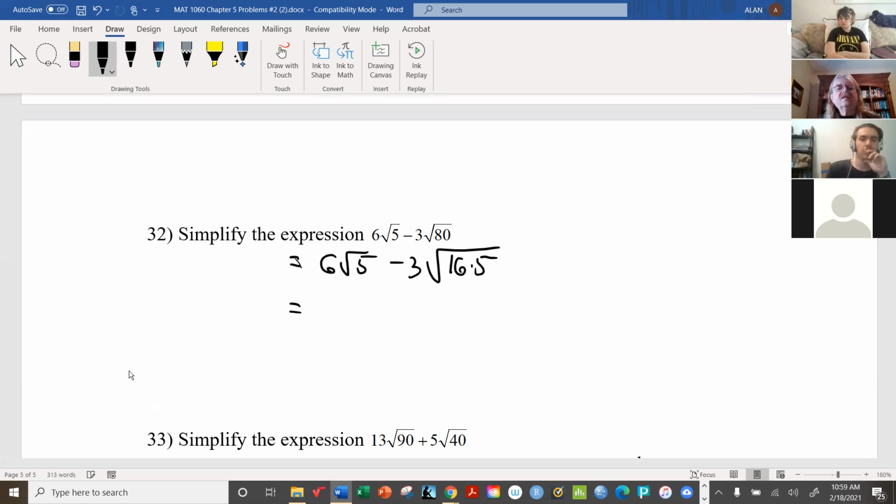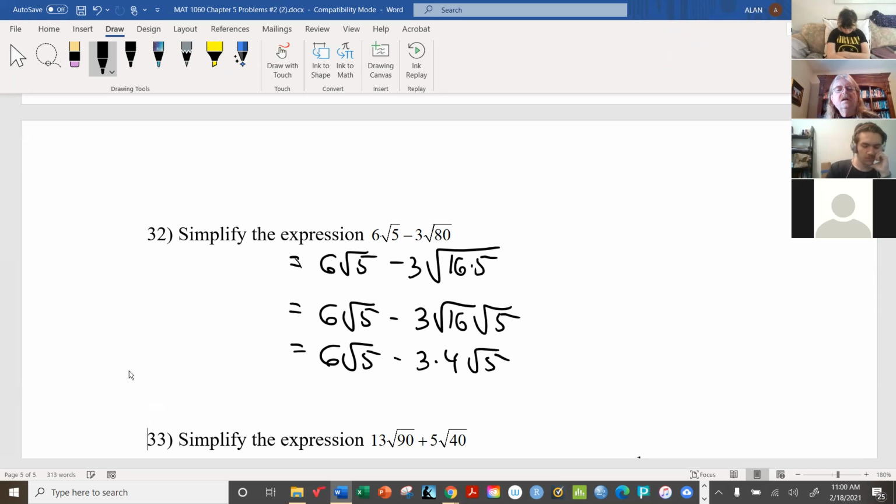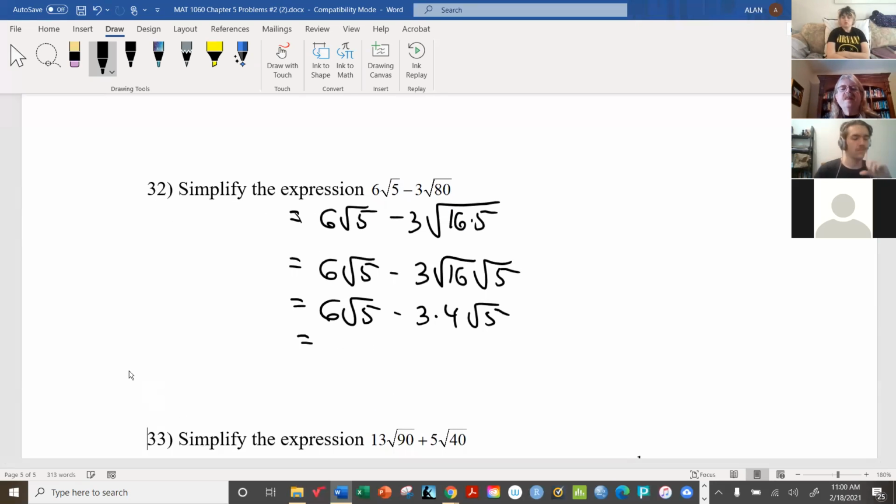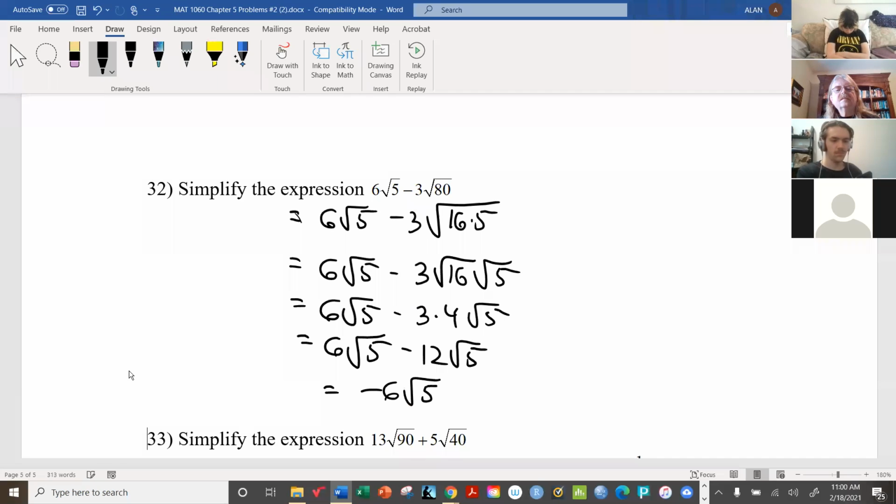So I've got 6 radical 5 minus 3 times radical 16 times radical 5. So I end up ultimately with 6 radical 5 minus 12 radical 5, and the final result is negative 6 radical 5.